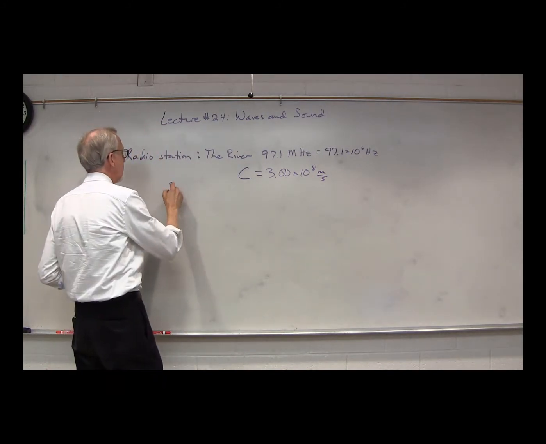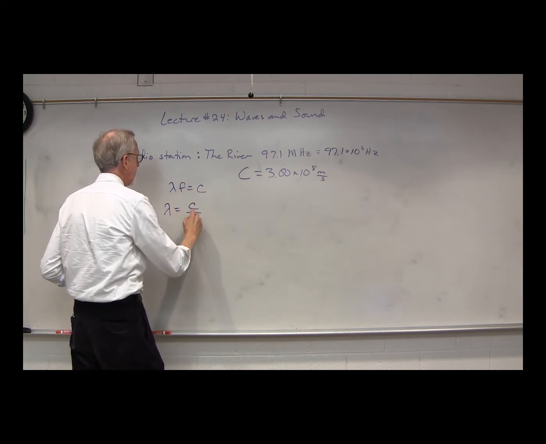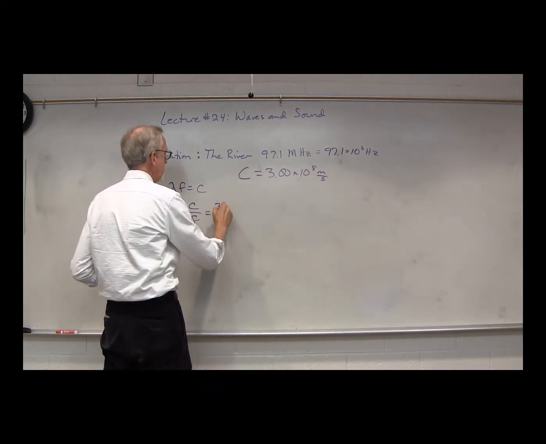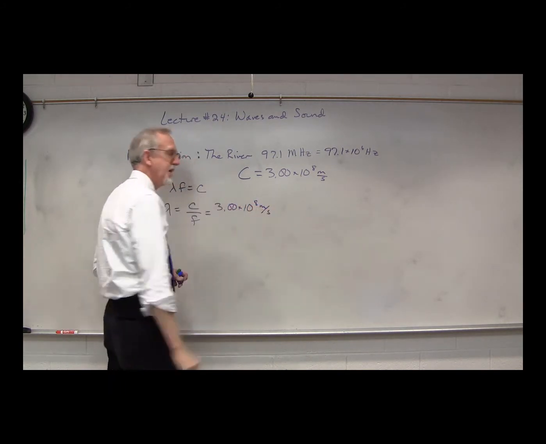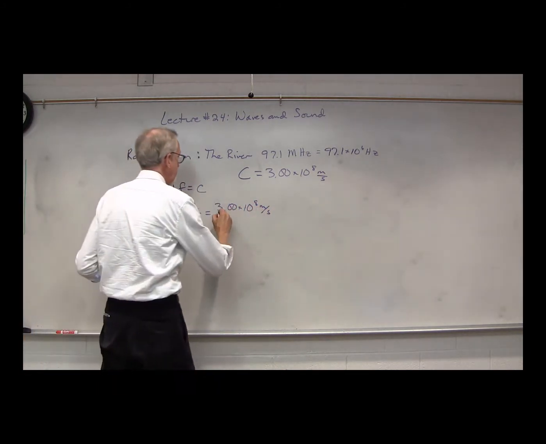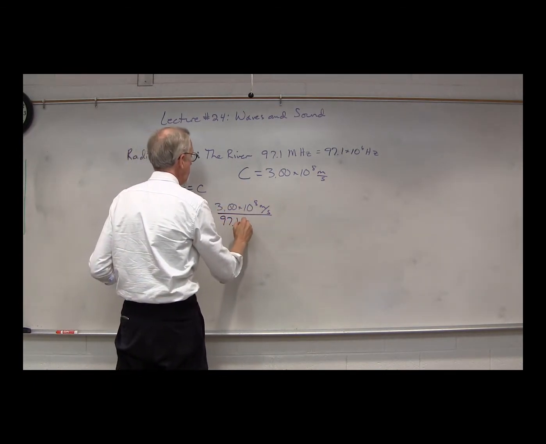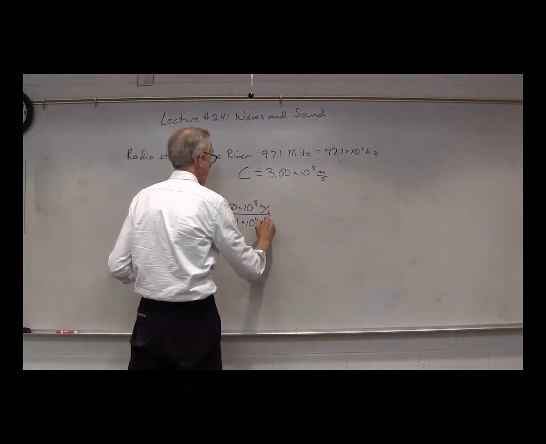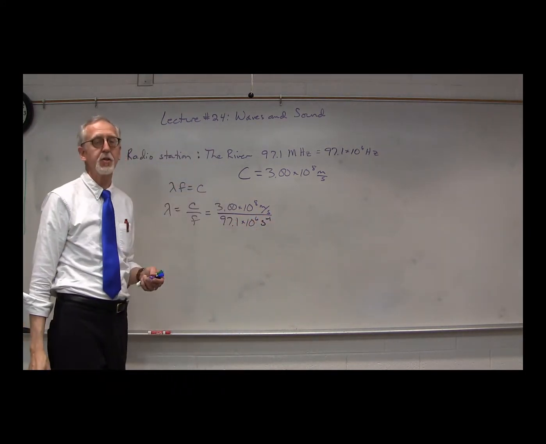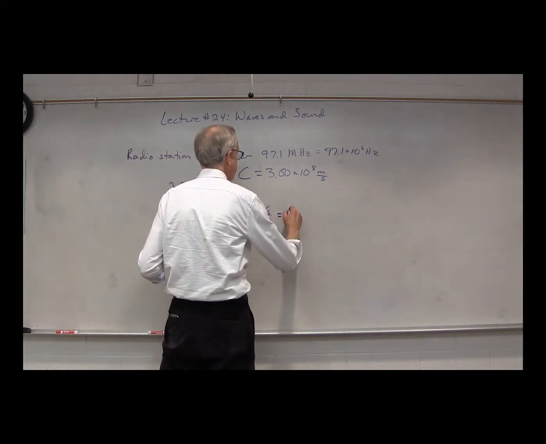We know that lambda f equals c, so lambda is c over f. In other words, 3 times 10 to the 8th meters per second, divided by the frequency, 97.1 times 10 to the 6th hertz. Hertz are cycles per second, or inverse seconds. Divide that out, and what do we get?